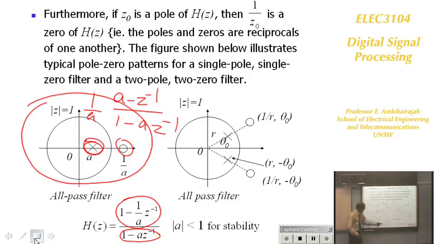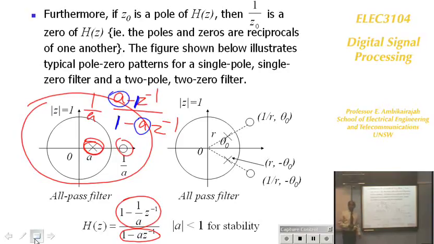See that? That's what you'll have here. a is less than 1. That means that coefficient a and that one are the same, not the signs, just the coefficients only. In that case, it becomes an all-pass filter.